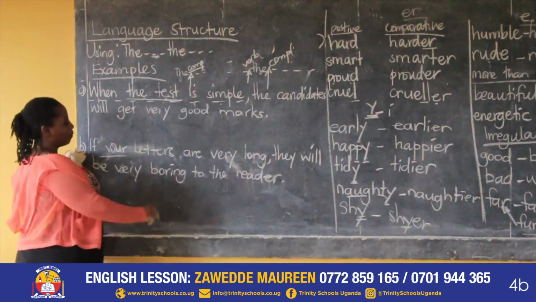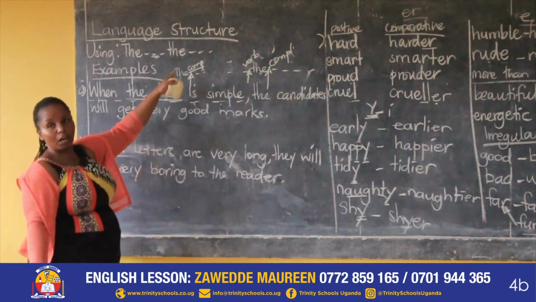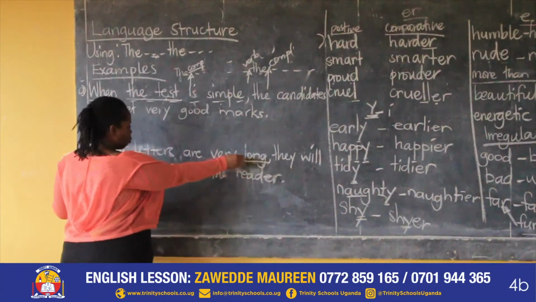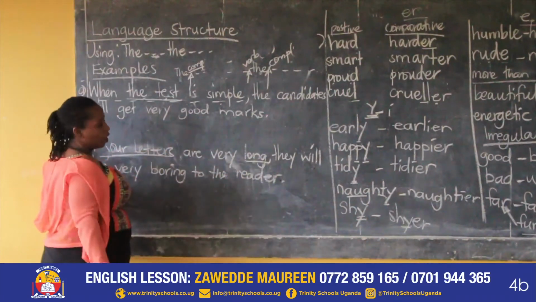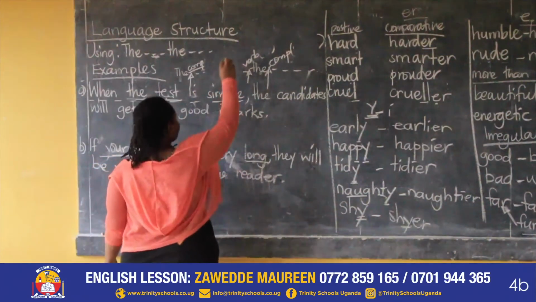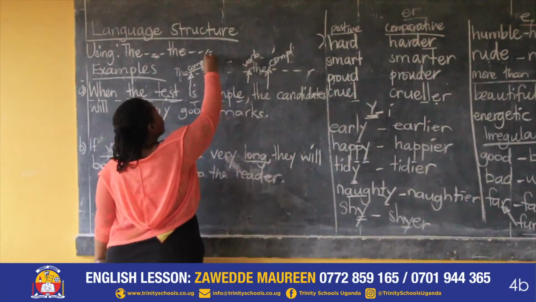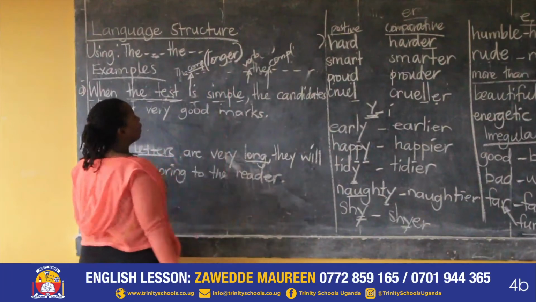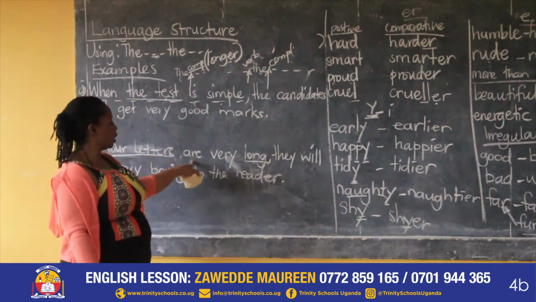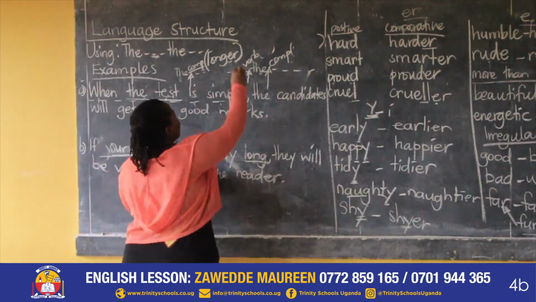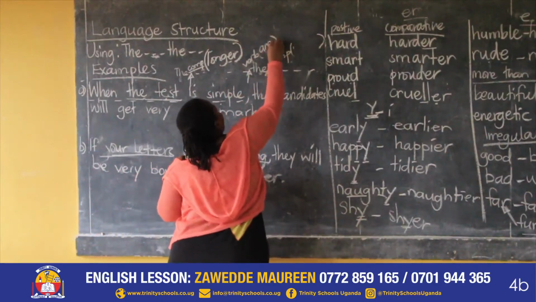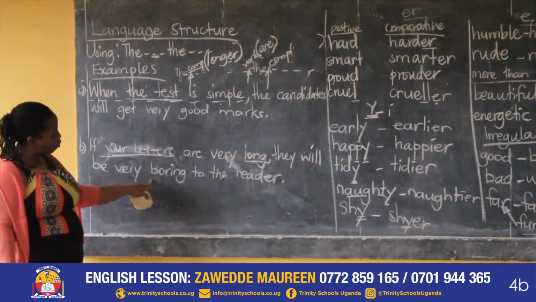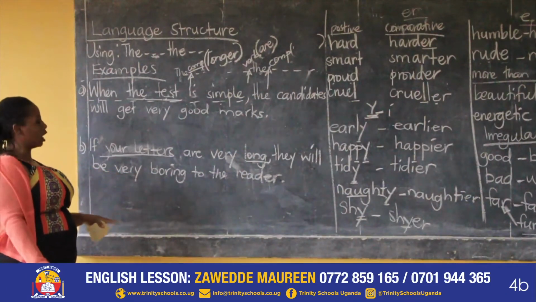So we look for the adjective here which we could make a comparative, the one which describes our main noun, letters: the longer. Our verb is are. The longer, our verb is are.